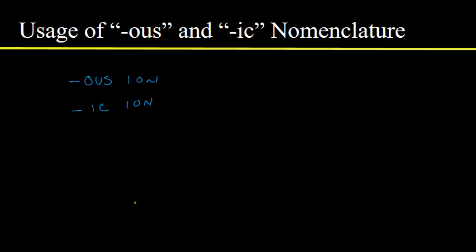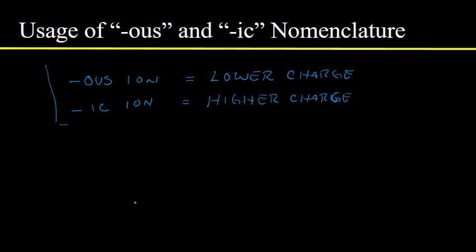But iron, for example, let me back up a little bit. The way the -us and -ic nomenclature is used is that the -us suffix always refers to the ion with the lower charge, and the -ic always refers to the ion with the higher charge, regardless of what those numbers are.